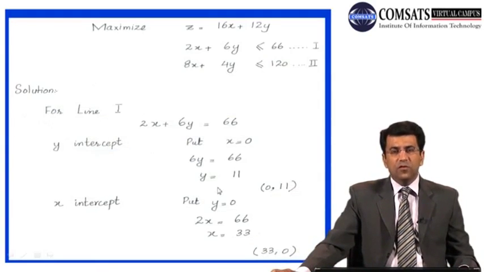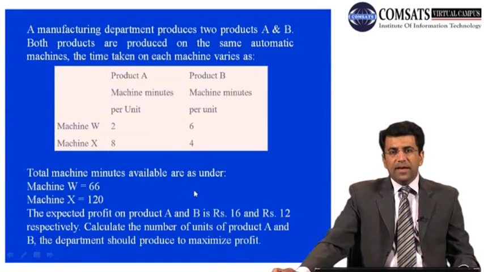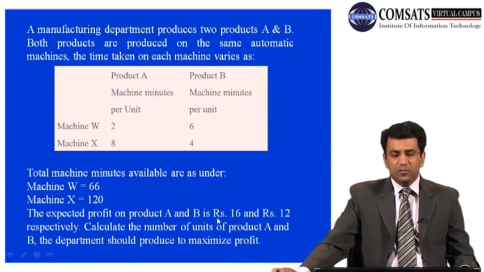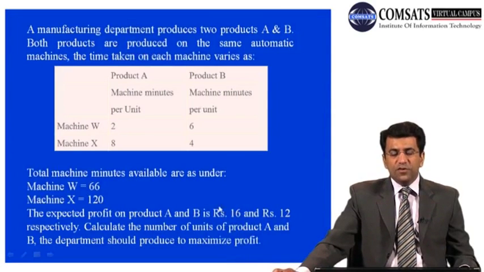Now again, class, we will follow the similar method we have just discussed. First of all, we have to formulate an objective function. In this case, our objective function is the maximization of profit. If we produce 1 unit of product A, the profit is 16, and suppose we are producing x units of product A, then the total profit for product A will be equal to 16x.